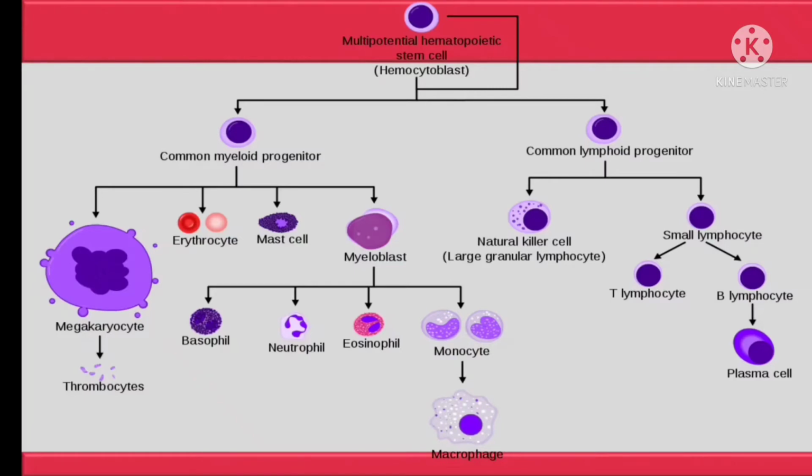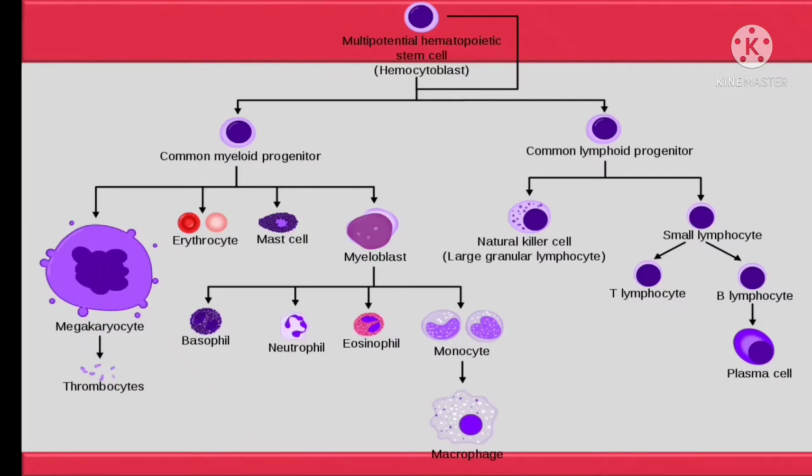Now, how are the RBCs and other blood cells formed? These are basically derived from the multipotential hematopoietic stem cells, which further divide into the common myeloid and lymphoid progenitor cells.